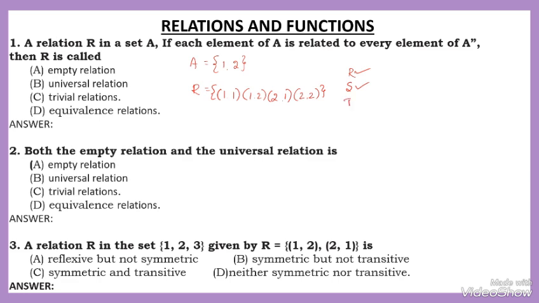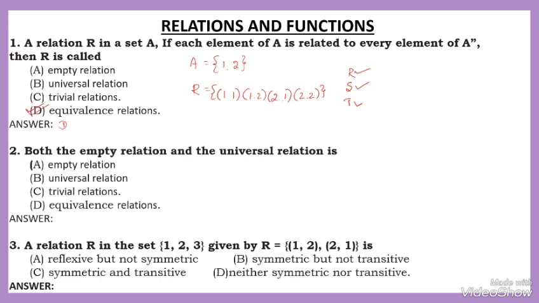Again, I will check the transitive property. First, 1 is related to 2, 2 is related to 1. By the property, again 1 is related to 1, this is present here. Transitive property also obeys. All these properties obey, then we say the given relation is an equivalence relation.